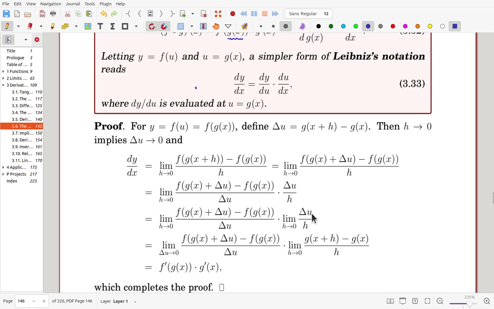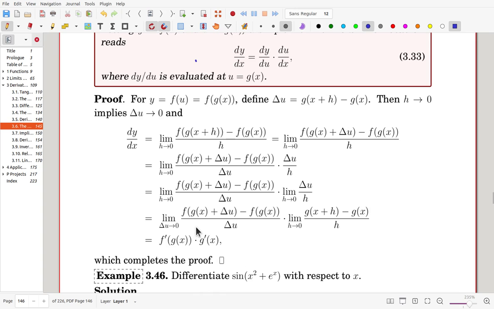Again, delta u is written in the definition. That is the same as the derivative with respect to g of x. Delta u is basically a change in g, so this term is the same as the derivative of f with respect to g, and this term is the same as the derivative of g with respect to x. So we can reach this result.